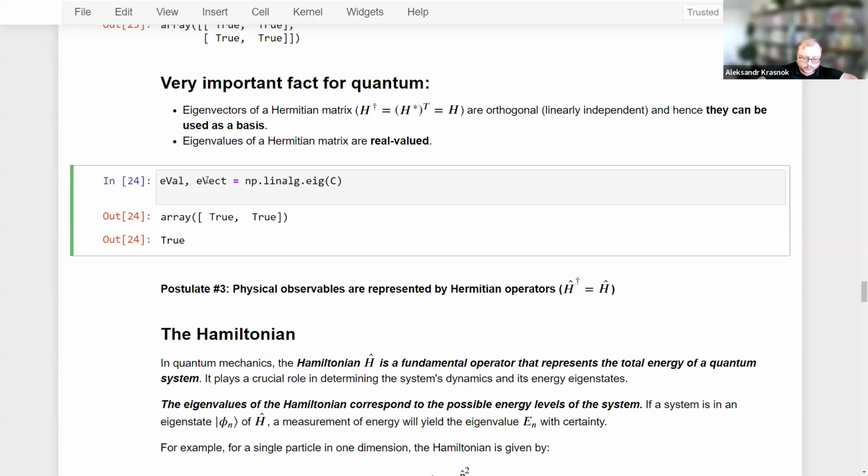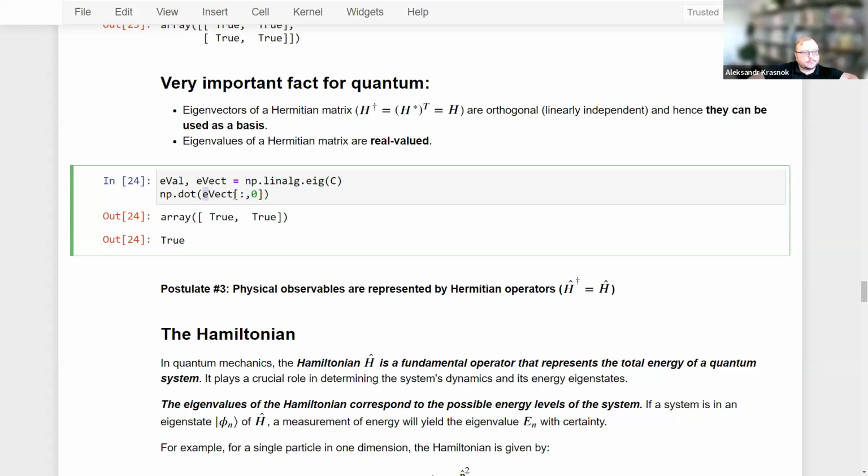So what I do is np.dot product, then the vector, the first column, and then the second column.